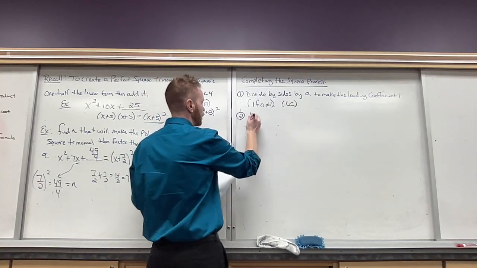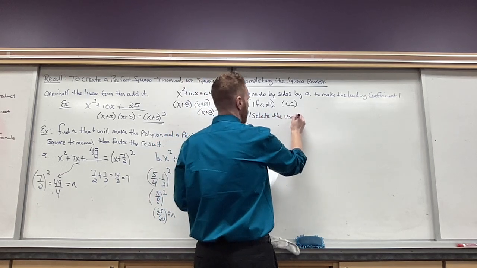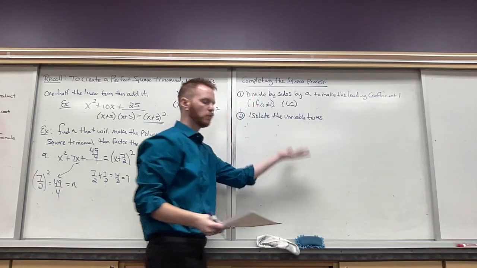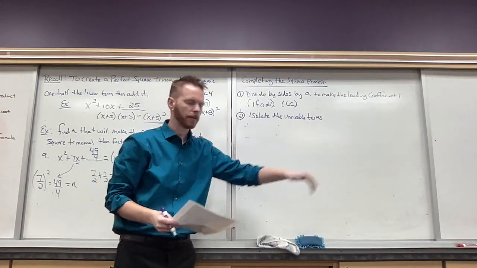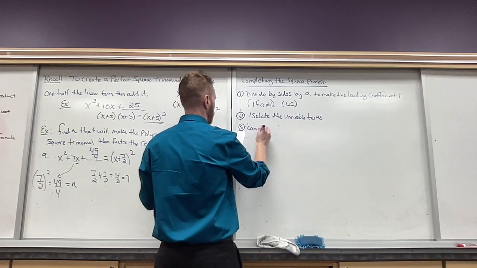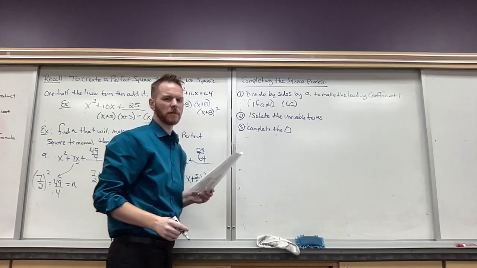Step 2, isolate the variables, meaning variables on one side, numbers on the other side. Step 3, complete the square. I'm going to cheat and just abbreviate.